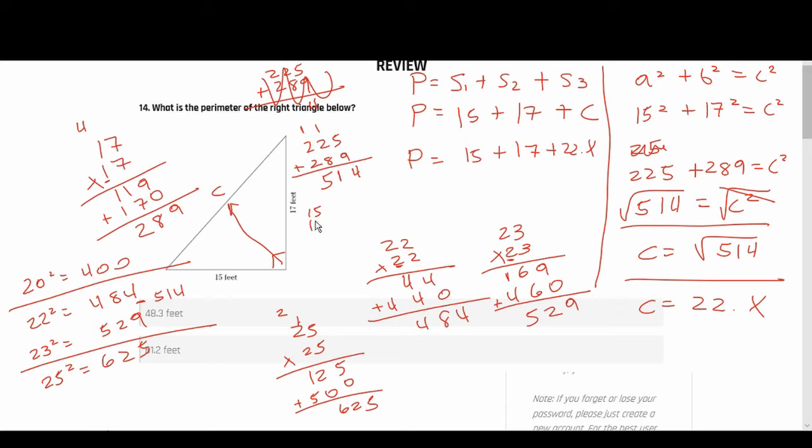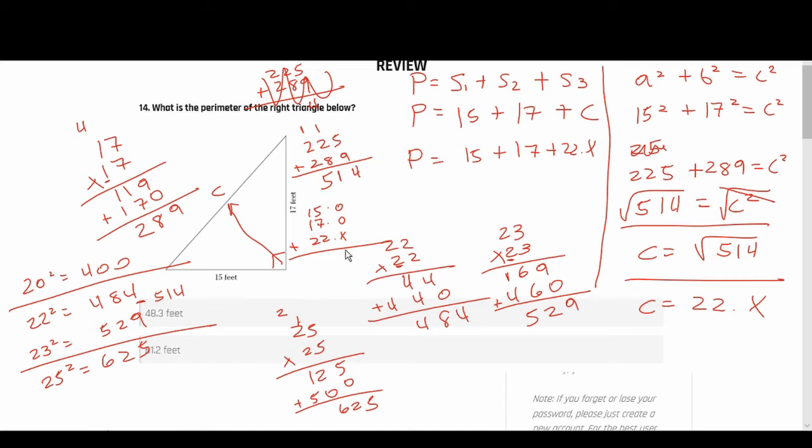15, 17, 22.x. I know for 100% that c is 22 point something. Neither 15 nor 17 has a decimal, so I know the whole number that I get on this side of the decimal is going to be the correct first part of this answer, and this x is going to be irrelevant in many cases.